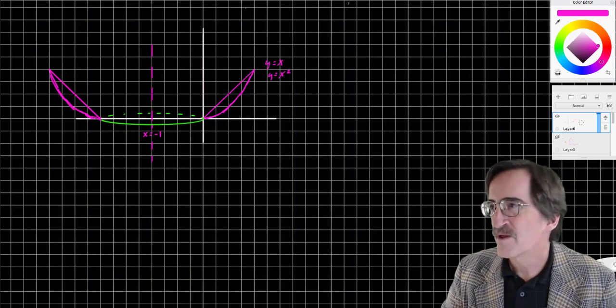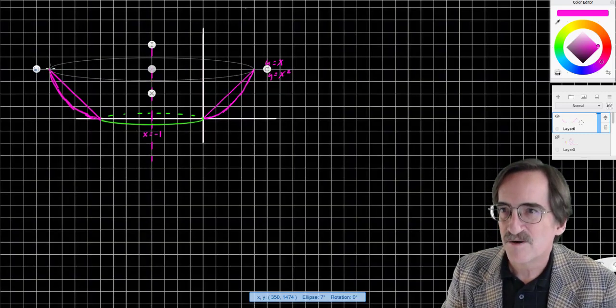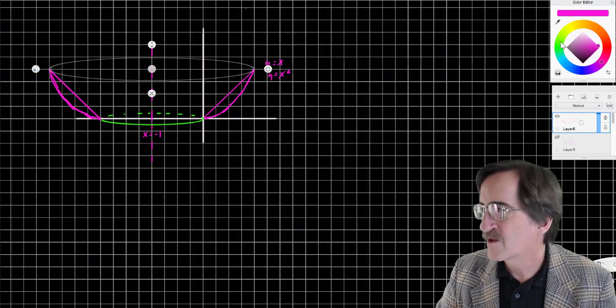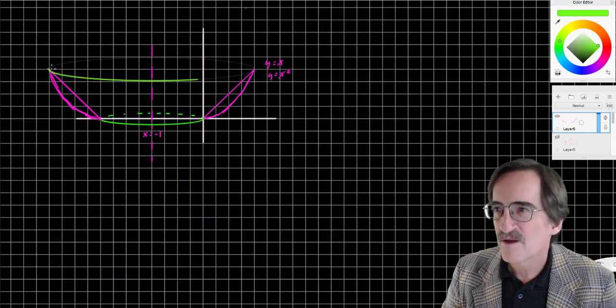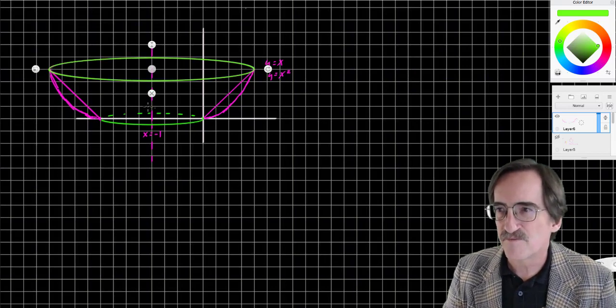Top circle like this. All right, there we go. So there's our solid of rotation.